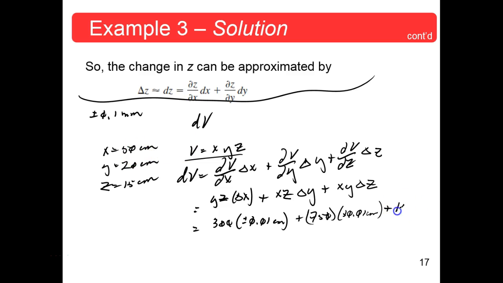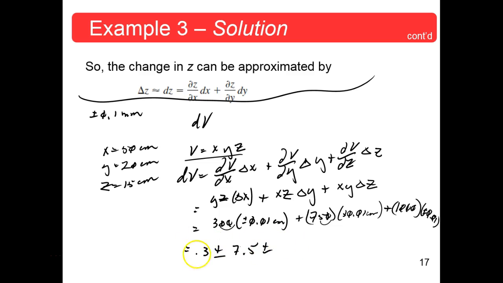Yeah, 1,000 times plus or minus 0.01 centimeters. Okay? Well, move the decimal 2 places. That would be 3 plus, move this one 2 places, 7.5. And this is plus or minus, by the way.